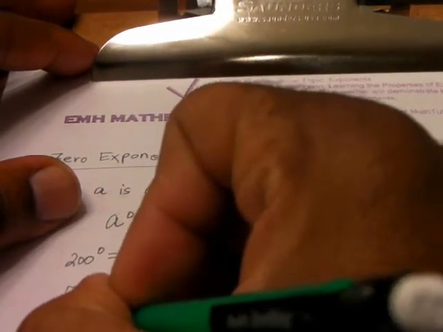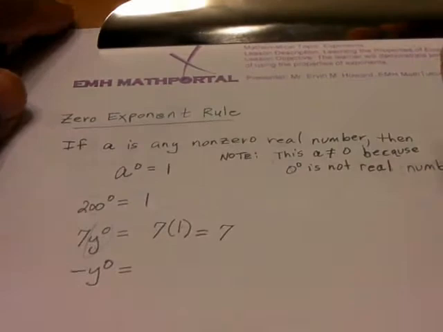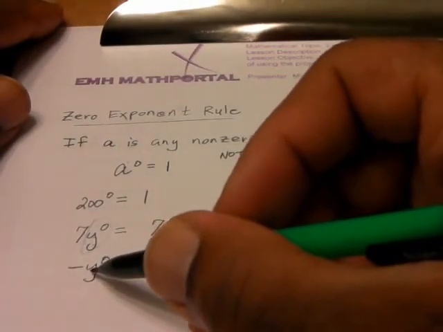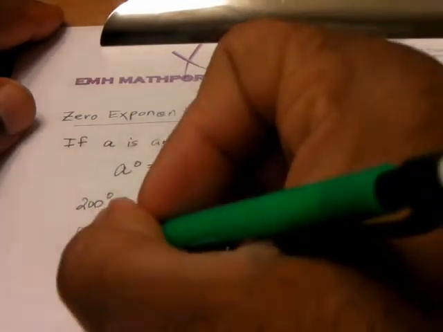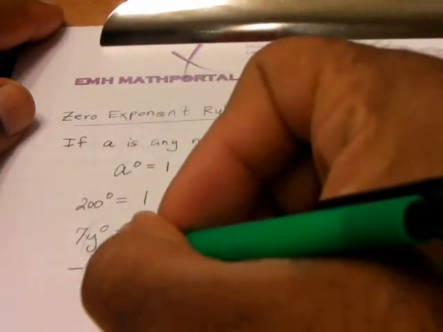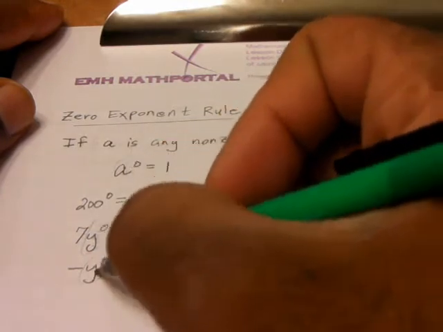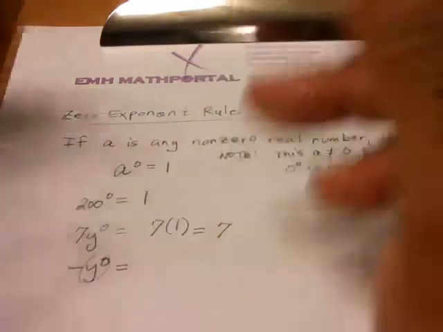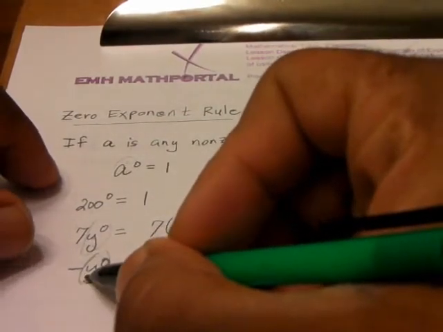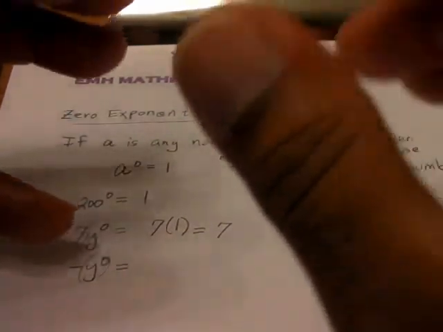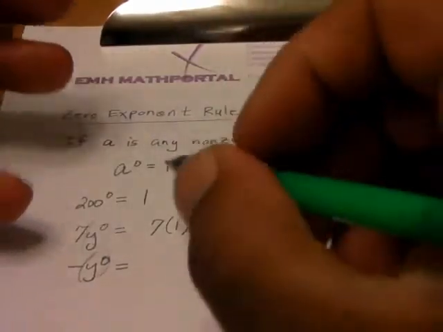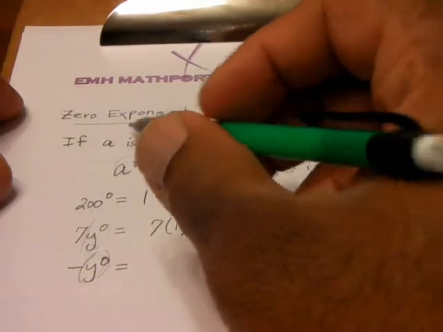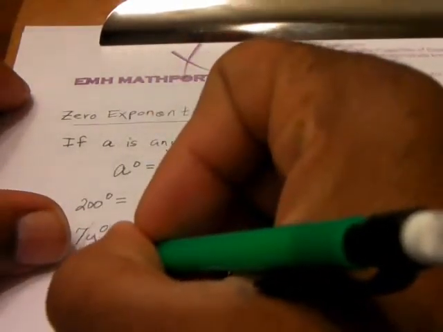Let's try something different. We're going to have a negative y raised to the power of 0. Again, we look at the base and the exponent. In this case, it applies. If we can somehow isolate the negative temporarily, let's not focus on it right now, but just focus on y raised to the power of 0.